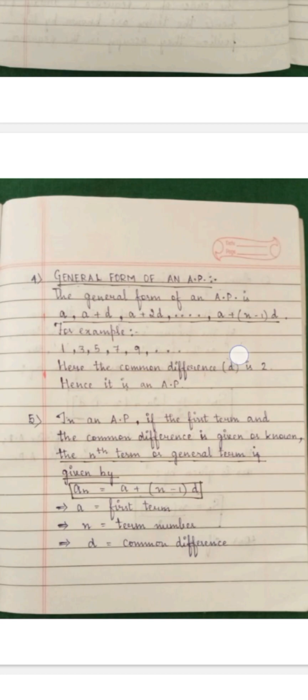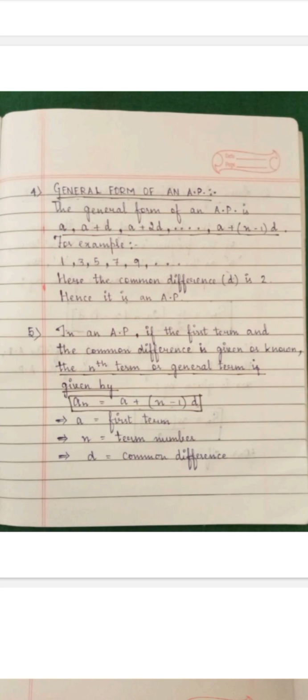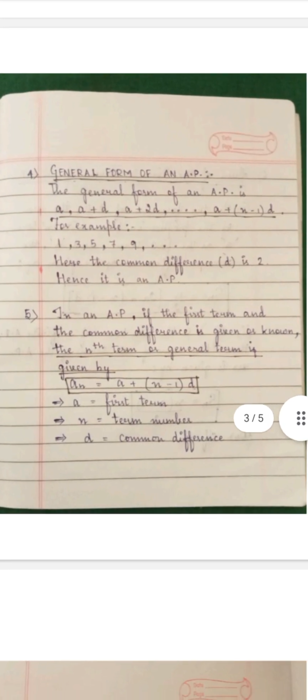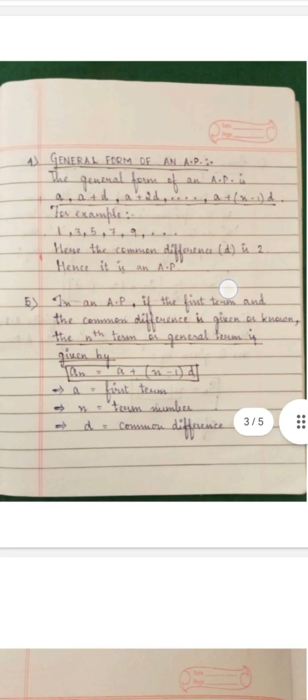In an AP, if the first term and the common difference are known, then we can calculate the nth term by the formula an is equal to a plus n minus 1 times d, where a is the first term, n is the term number, that is which term we are calculating, and d is the common difference of the AP, that is arithmetic progression.